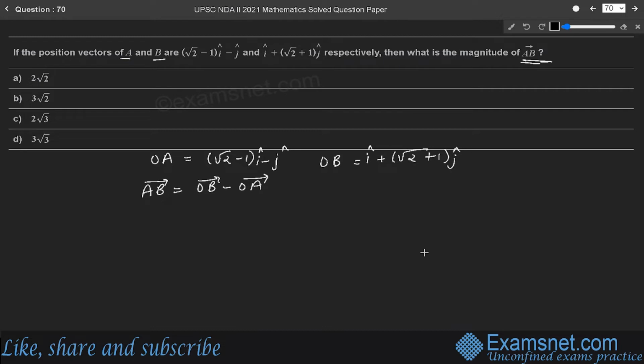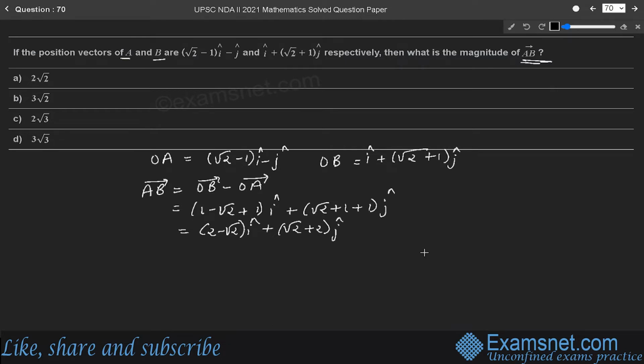So when we find the difference, it will be (1 minus root 2 plus 1) I cap plus (root 2 plus 1 plus 1) j cap, which will be equal to (2 minus root 2) I cap plus (root 2 plus 2) j cap.